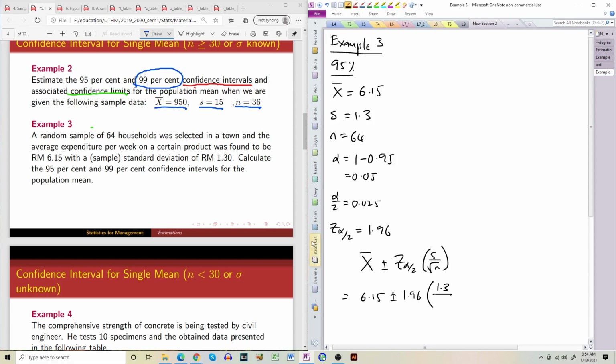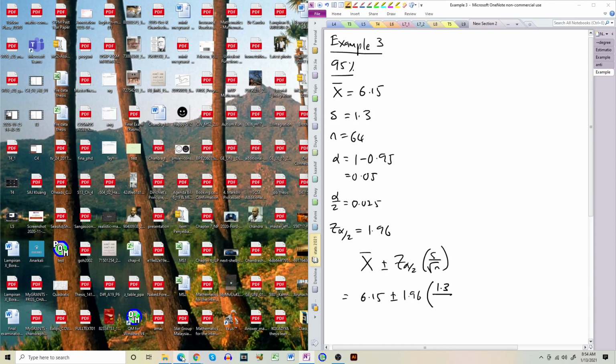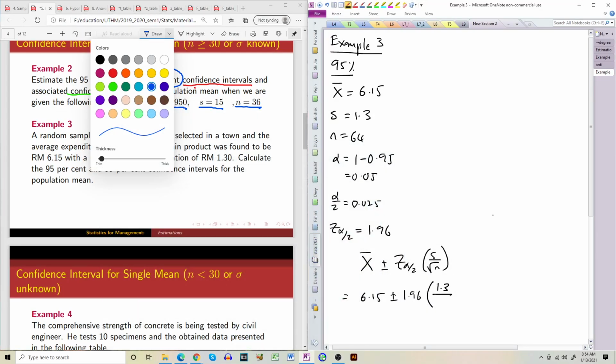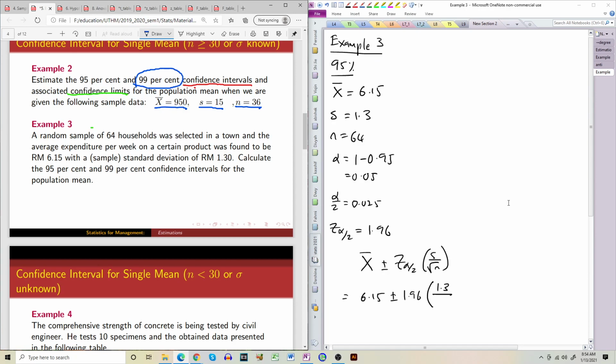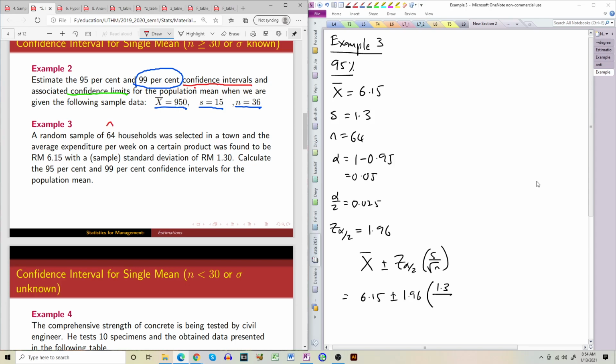Don't get confused with the number. So these are the computation. If you see, don't get confused: this is your n, this is your mu, this is your x bar, and this is your s.